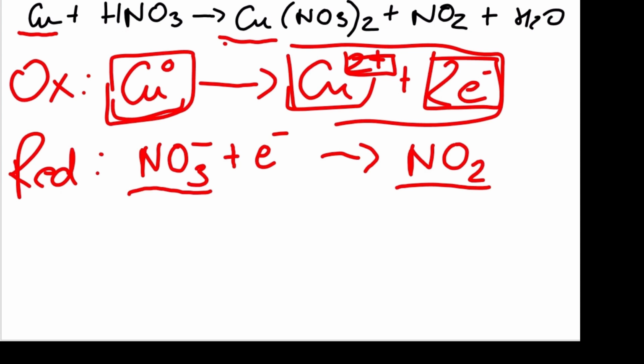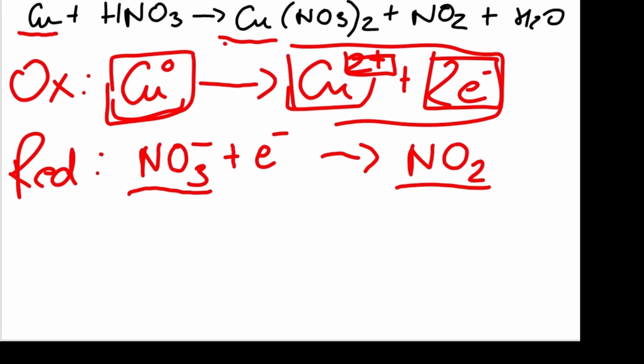Let's check the balance of the charge. On the left side the net charge is equal to -2 because we have 1 electron and the nitrate anion. On the right side the net charge is equal to 0 because we have a neutral nitrogen dioxide particle. So it is also incorrect.